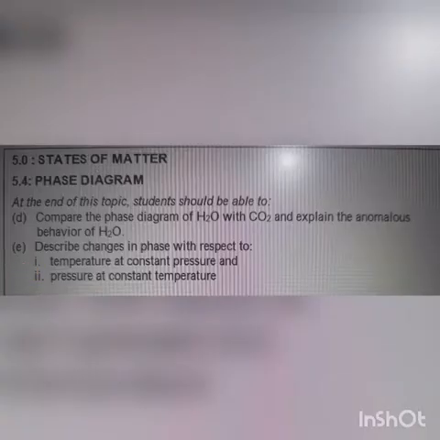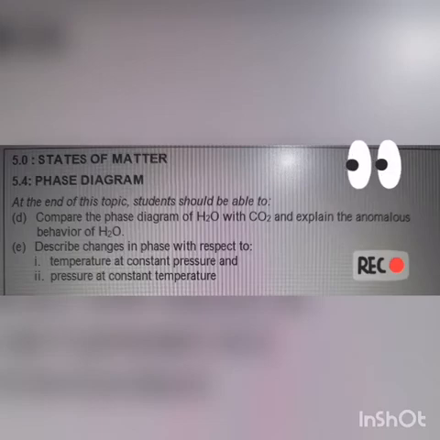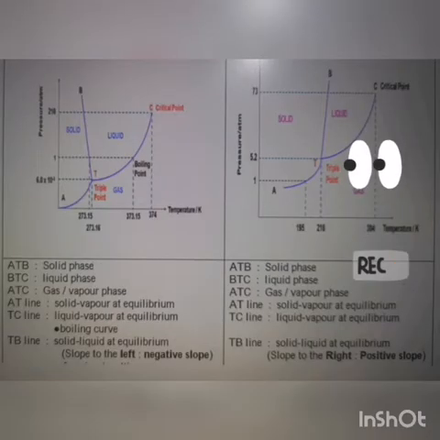Okay, next one, we take a look at the comparison of the phase diagrams of H2O and CO2, explain anomalous behavior of H2O, and take a look at an example describing change in phase, temperature at constant pressure and pressure at constant temperature.